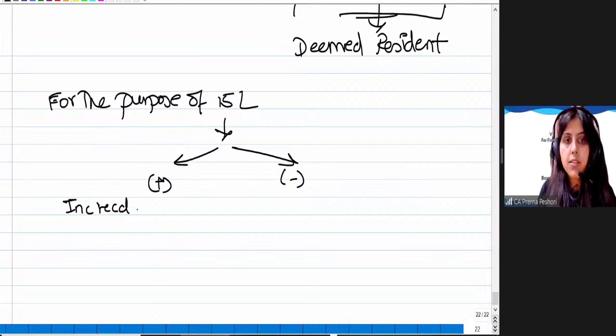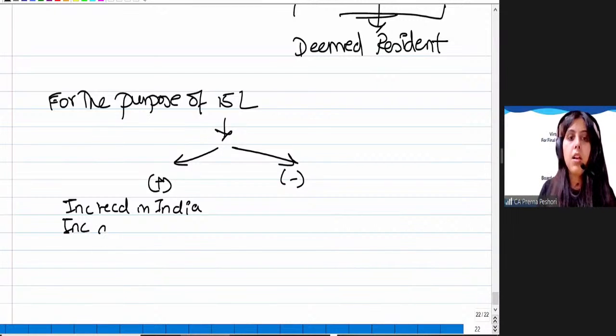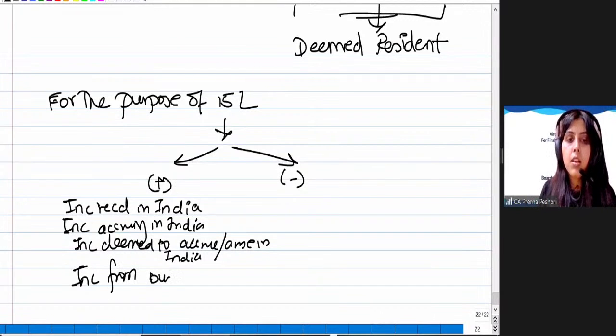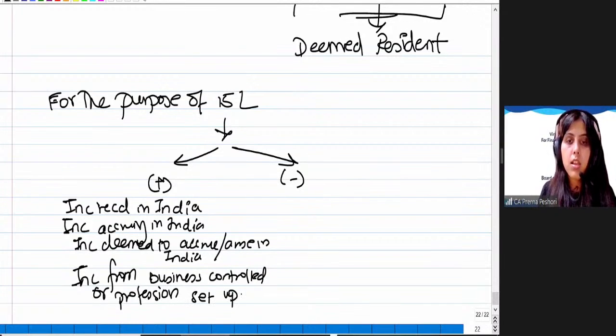Include: income received in India, income accruing in India, income deemed to accrue or arise in India, income from business controlled or profession set up in India.